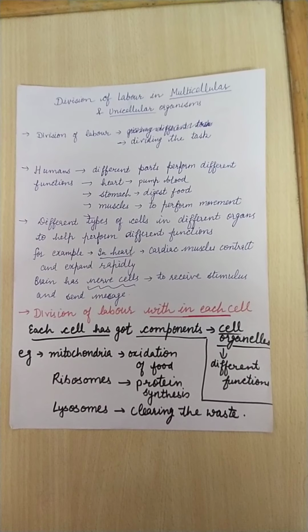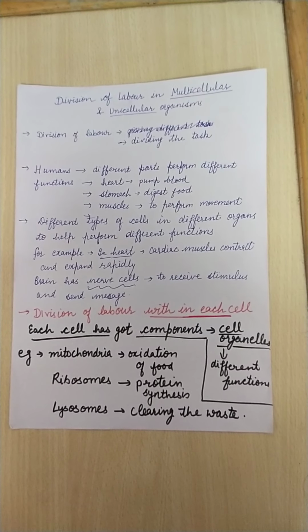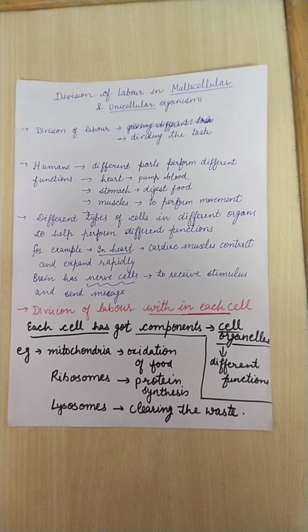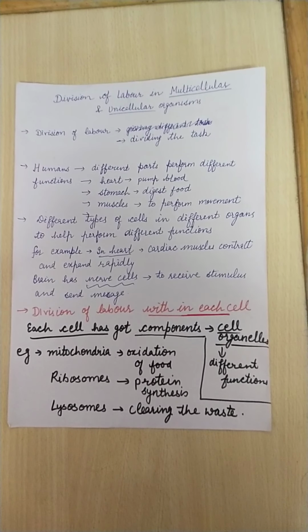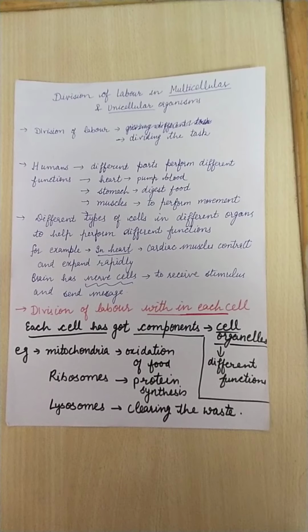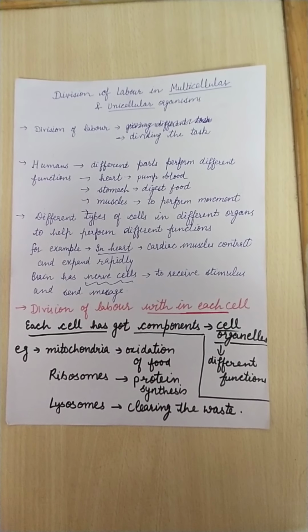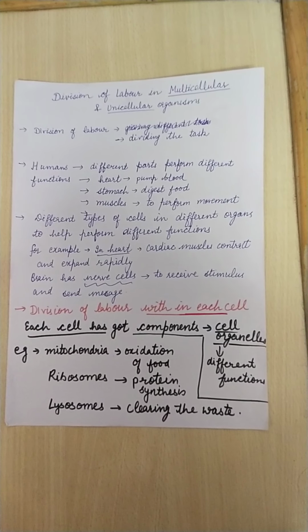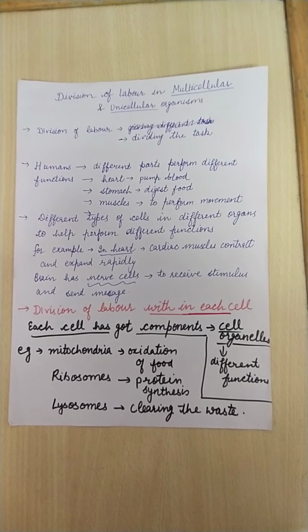In the same way, within a single cell also there is division of labor. How does it take place? Each cell has different components and we call the main components cell organelles. These cell organelles perform different functions. For example, for the oxidation of food, we have mitochondria. For synthesis of new material like protein, we have ribosomes.